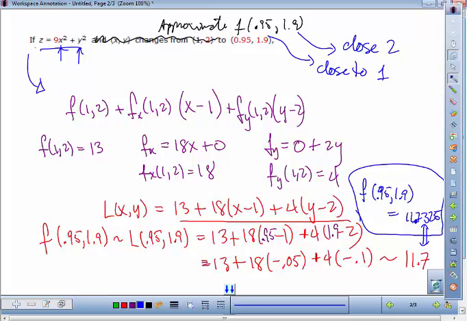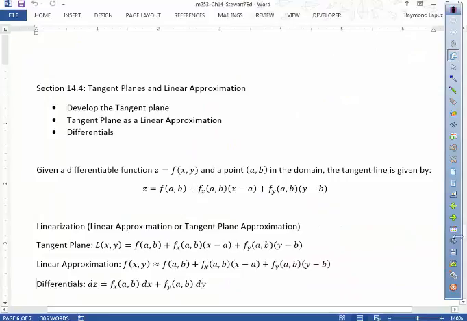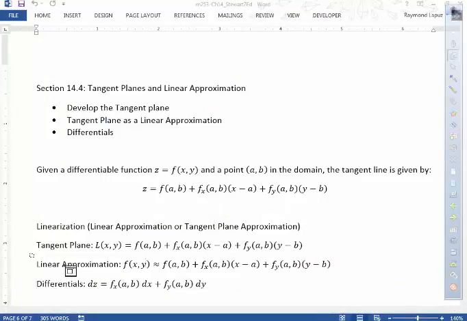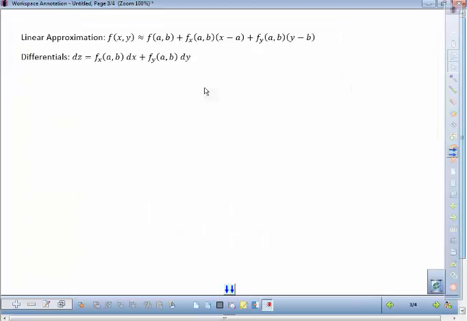So let's take a look at these formulas, and let's get introduced to what we call the differential.